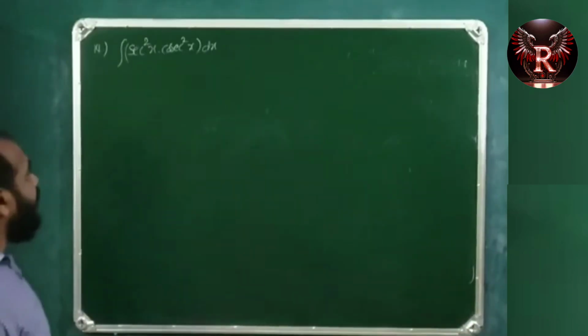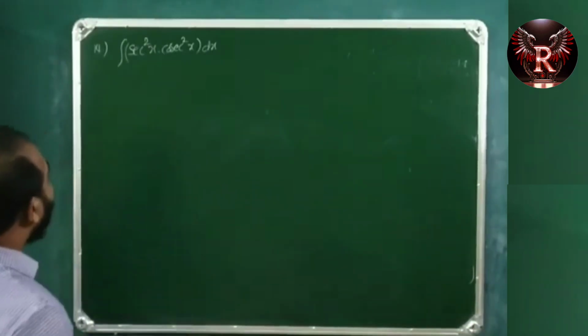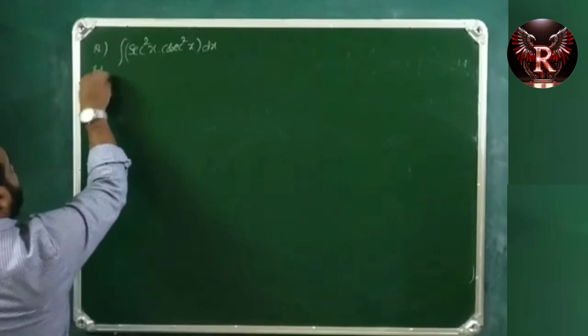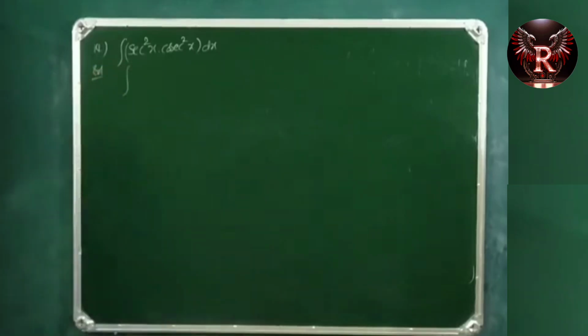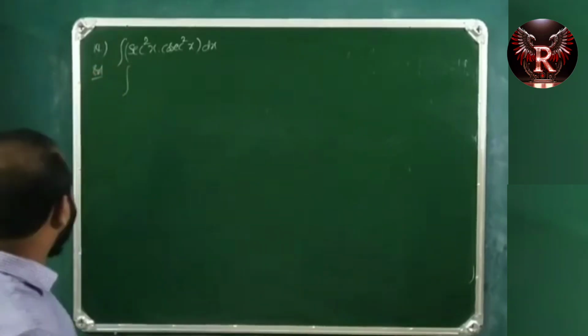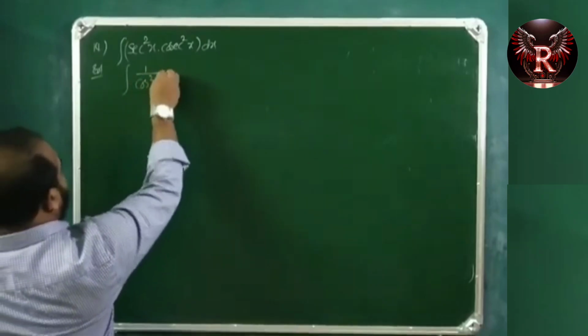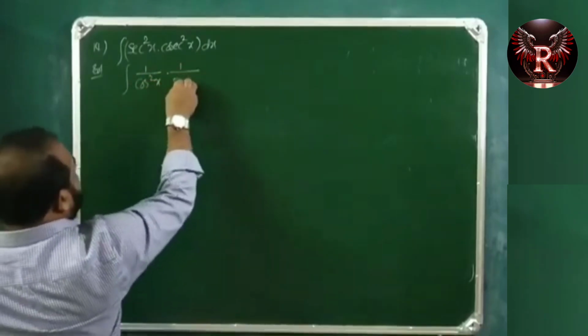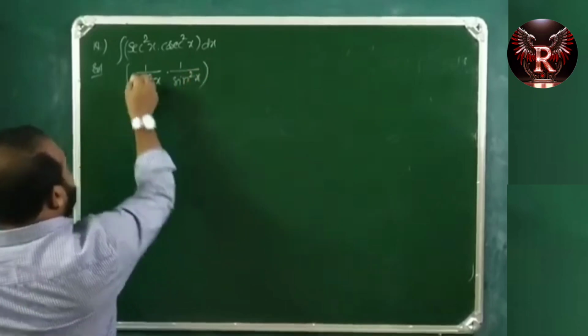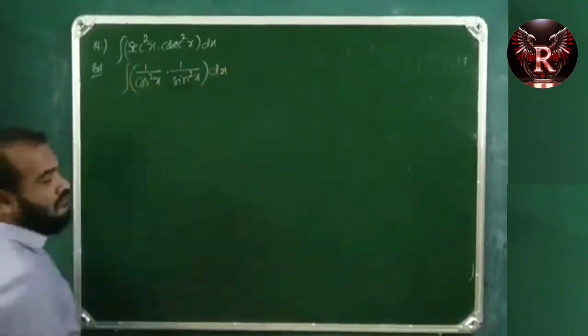Integral secant square x into cosecant square x dx. How do we do this? Secant square x can be written as 1 by cos square x, into 1 by sin square x, whole dx.